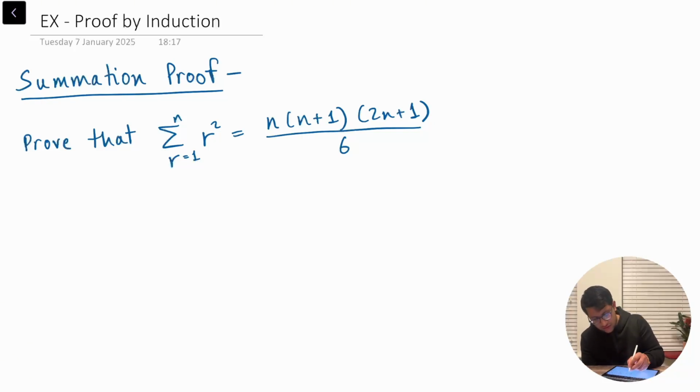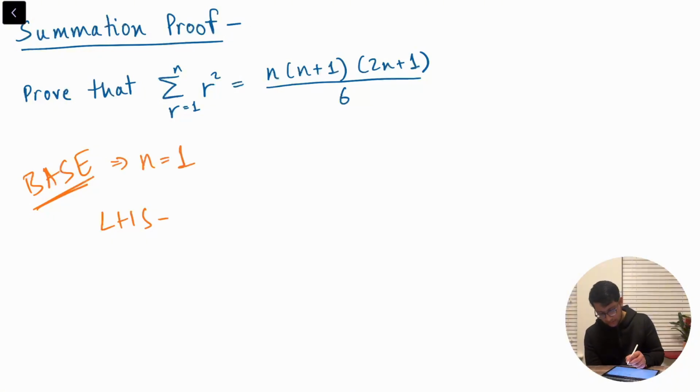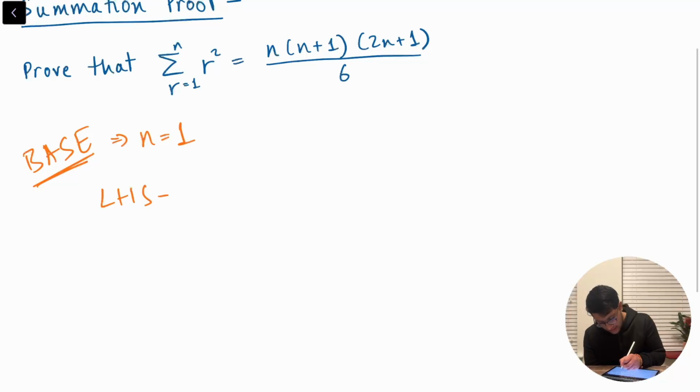Following the general steps of solving a proof by induction question, we start by looking at our base case. Firstly, we'll look at what's happening on the left-hand side when n equals 1. Then our left-hand side is just r squared, which is 1 squared, which is just 1.